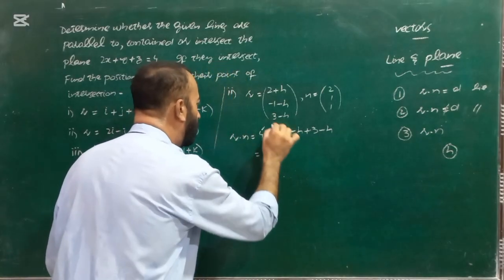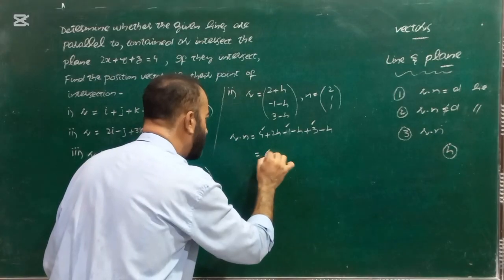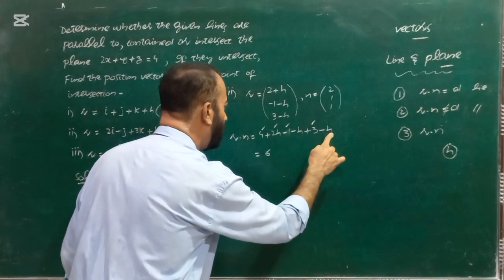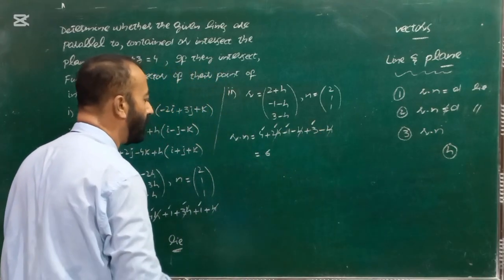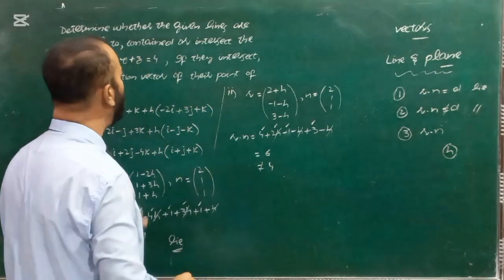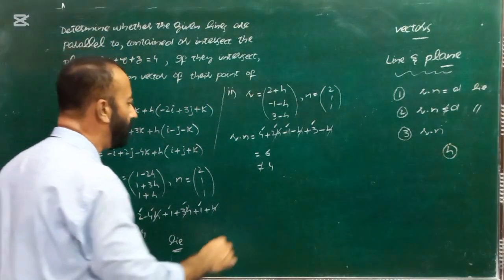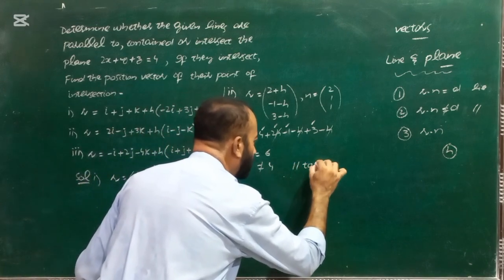Okay. 4 minus 1 is 3, plus 3 is 6. 2 lambda, and minus lambda will be minus 2 lambda, so lambda will be cancelled. So this is equal to 6, which is not equal to 4. So it means the second line will be parallel to the plane. So parallel to plane.